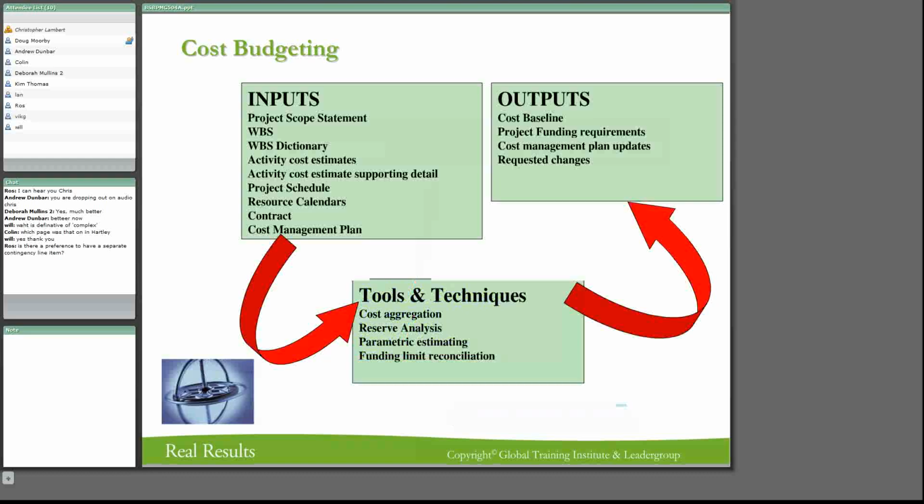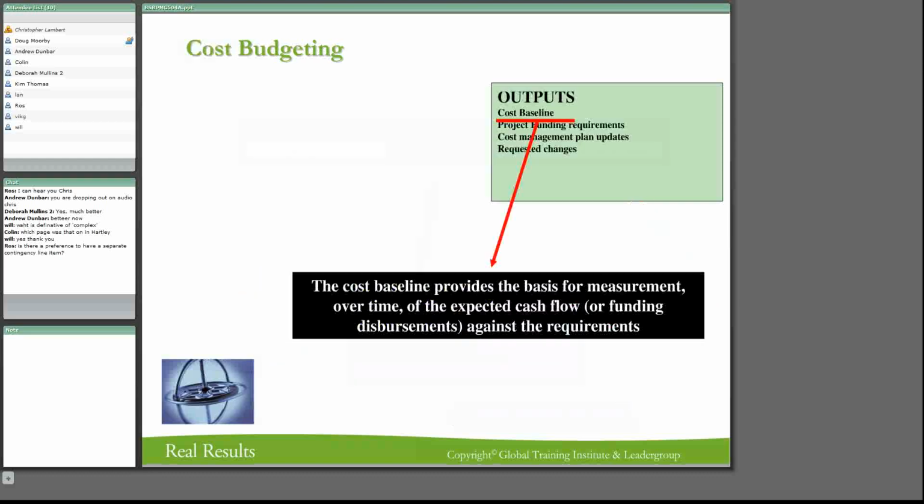In cost budgeting, let's look at some of the outputs here. All right, the baseline. The baseline for costs is as important as it is for time. Right? And in fact, your baseline provides a basis for measurement over time. So you see your time and your cost is going to come very, very close here.